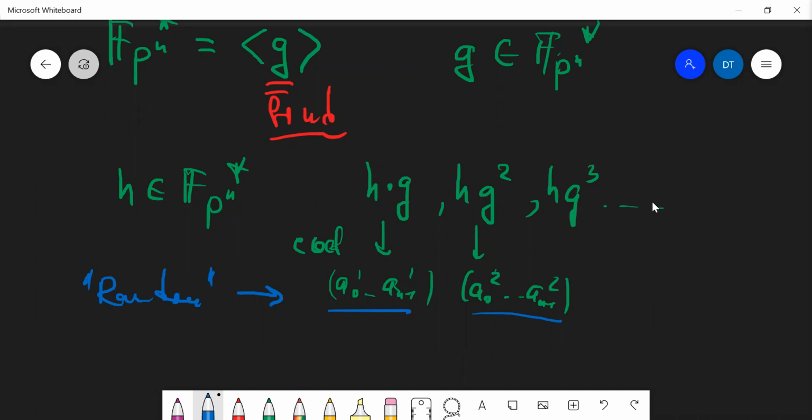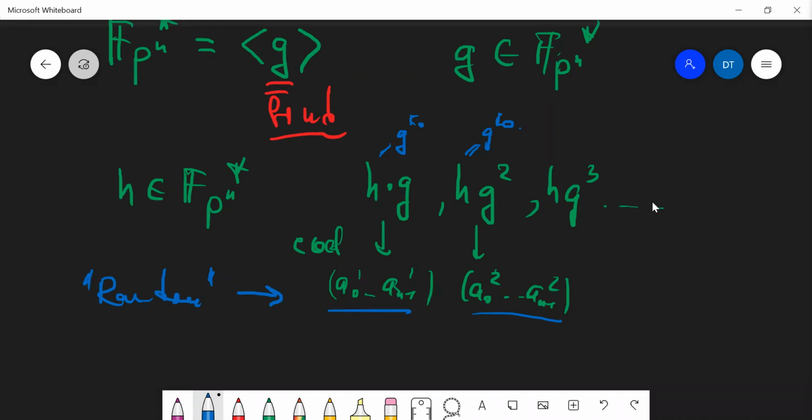And there is one final remark: since h is also in the cyclic subgroup generated by g, it is actually g to the k0. So we actually take the powers of the element g, starting from some fixed power k0 plus 1.